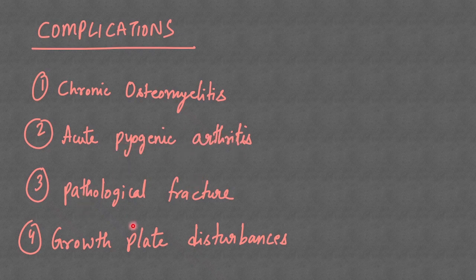There can be a pathological fracture because the bone has lost its strength due to involvement of the structure. Anytime it can break. Due to disturbance of the nearby growth plate, there can be growth disturbances which can be both a shortening of a limb or an increase in the growth of the limb due to hyperemia near the growth plate. Hyperemia is increase in blood supply.